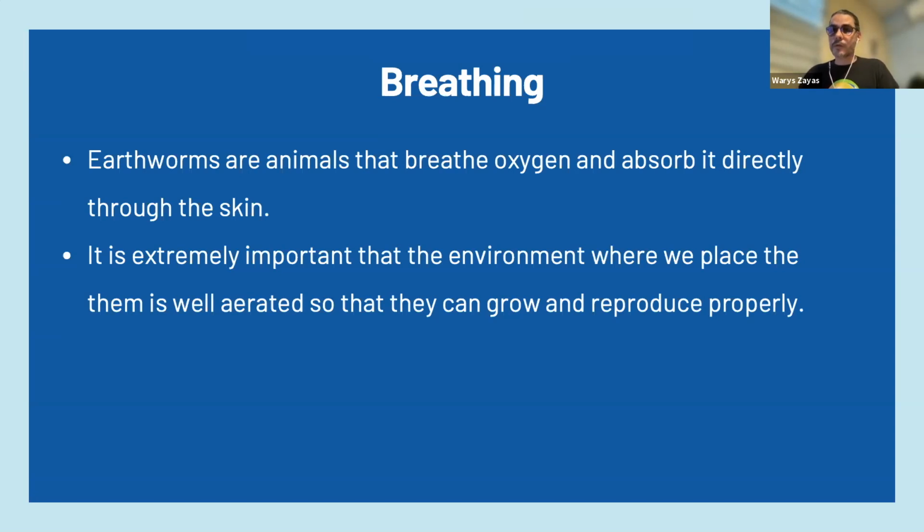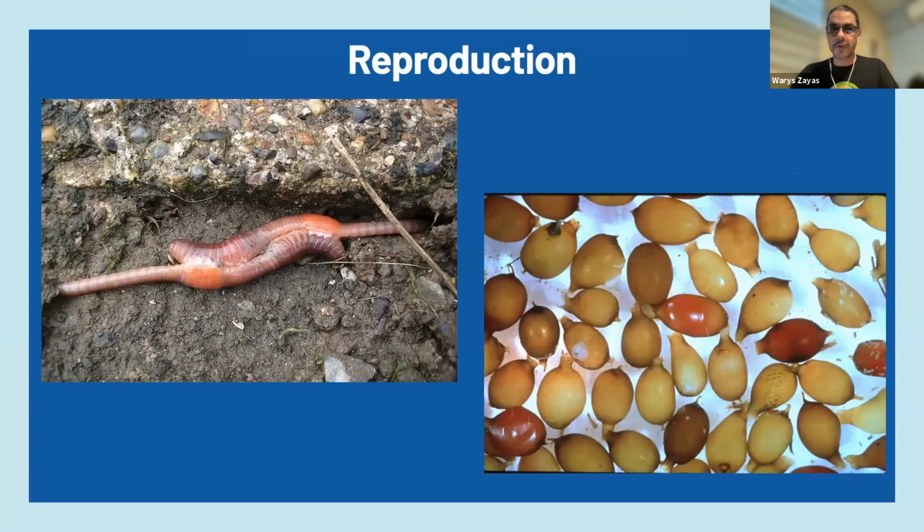That's one of the main reasons people face problems with their vermicompost production, right? That's why I'm explaining in some detail how they exchange gases. Oxygen is really important for them.